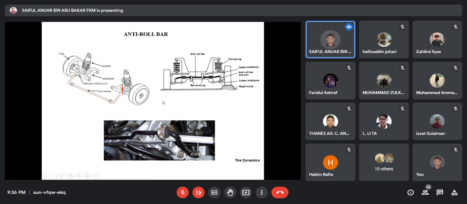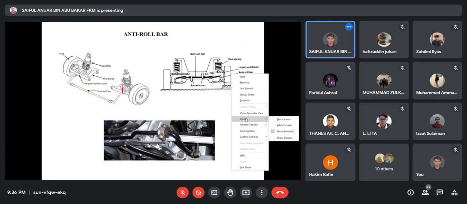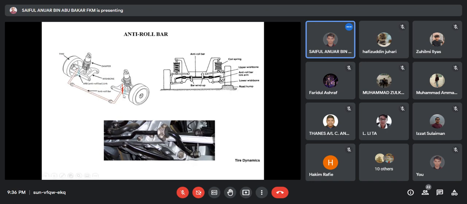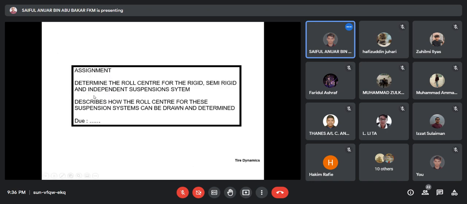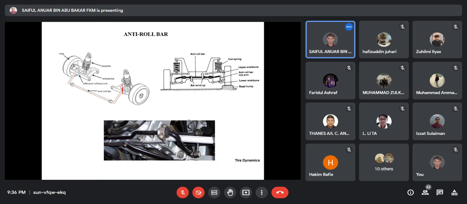So what happens whenever there's a roll motion? This is the front view. Let's say your car is moving to the left, in this direction.